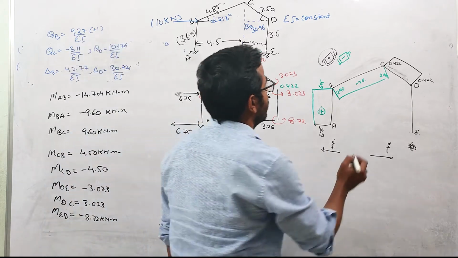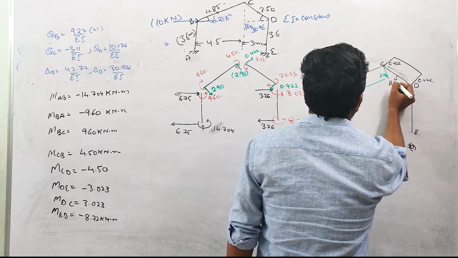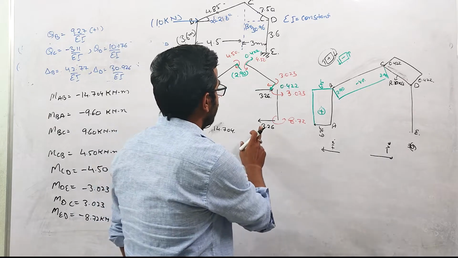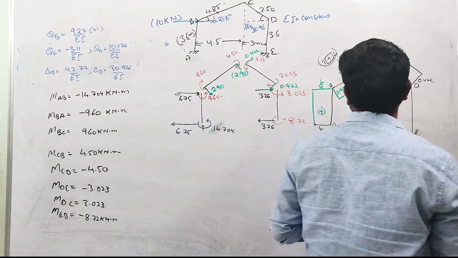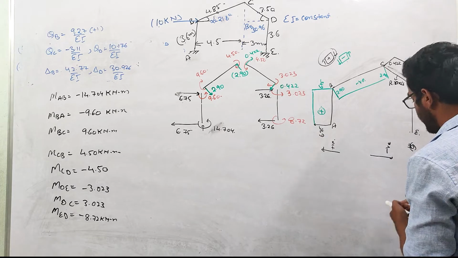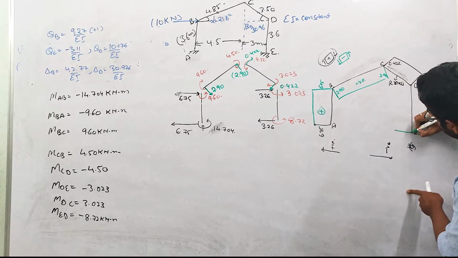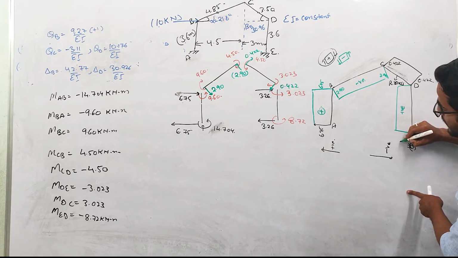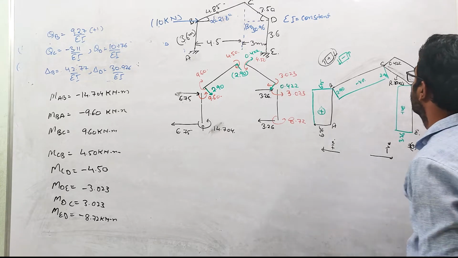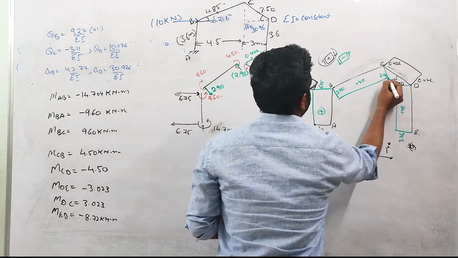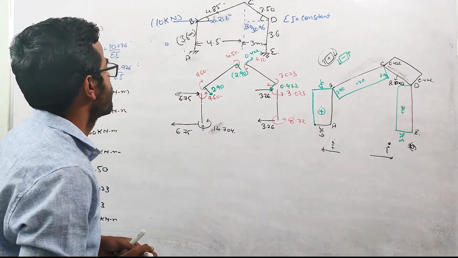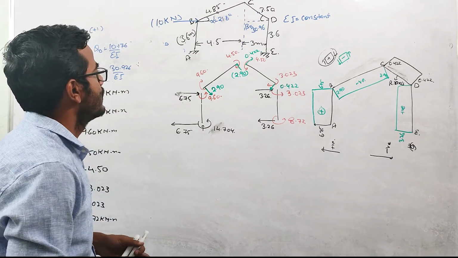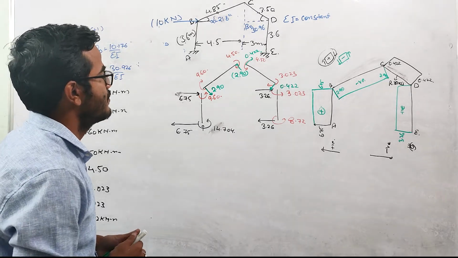This is our reference axis. Now again we come to this figure, this direction is considered positive, so it will be drawn like this. This value is 3.26. Okay, so this is basically our shear force diagram for this frame structure.